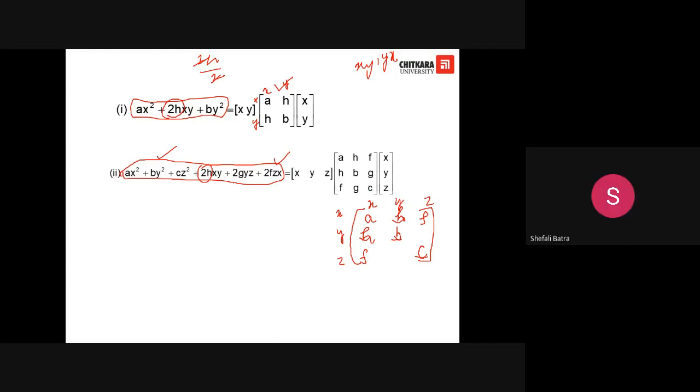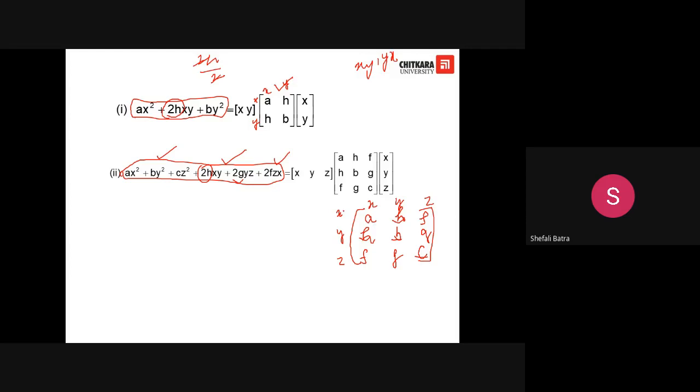G. We will divide it: this is G and this is G. Now check: AHF, AHF, HBG, HBG, FGC, FGC. Right? If the quadratic form is given to you, you can write the matrix, and if the matrix is given to you, you can write the quadratic form.